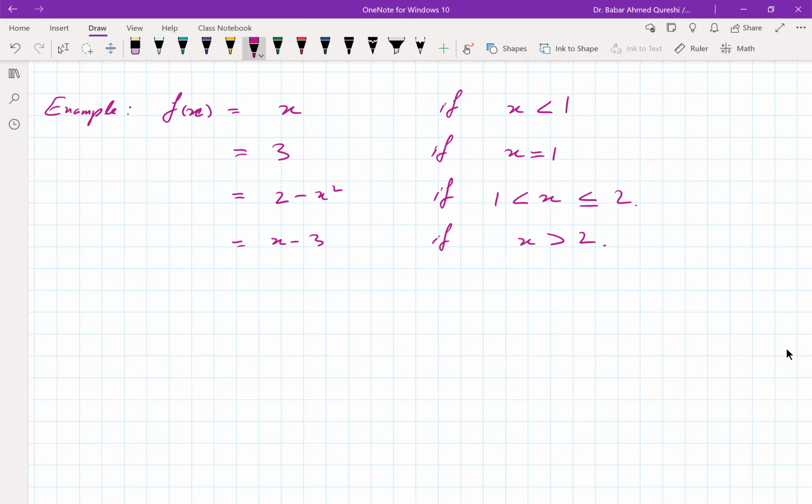And we want to find all these limits. Find limits if they exist.